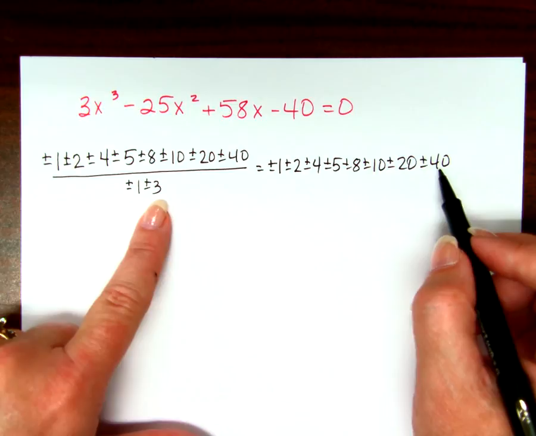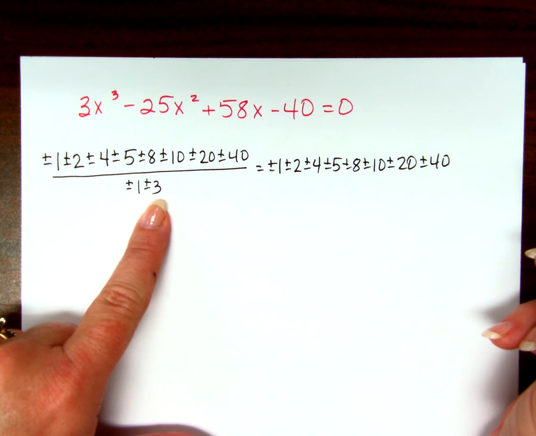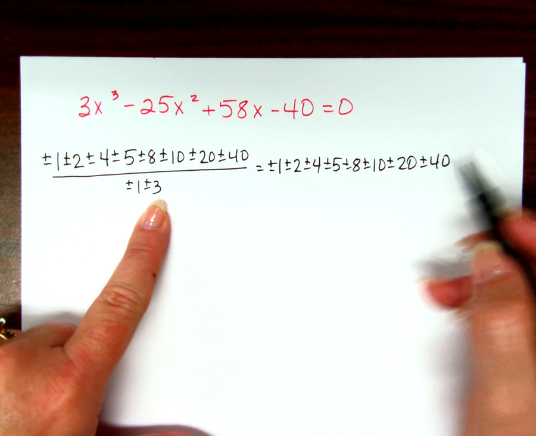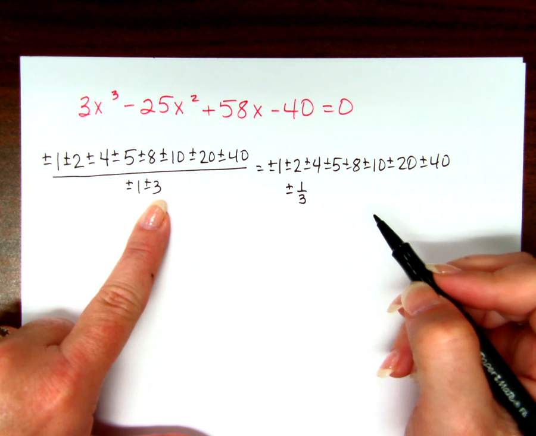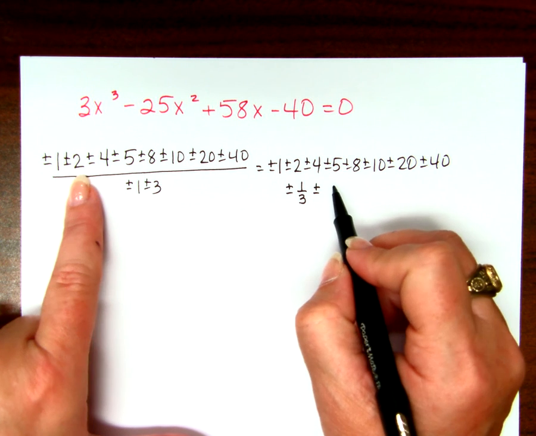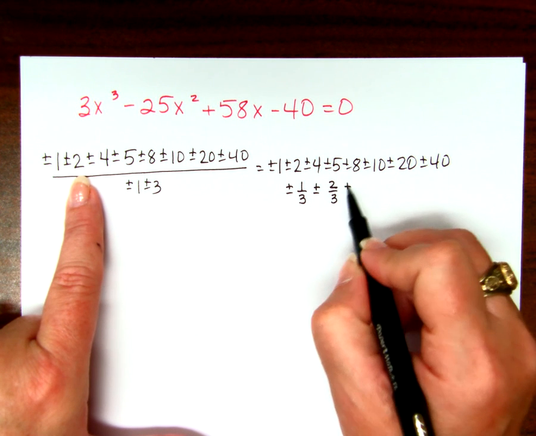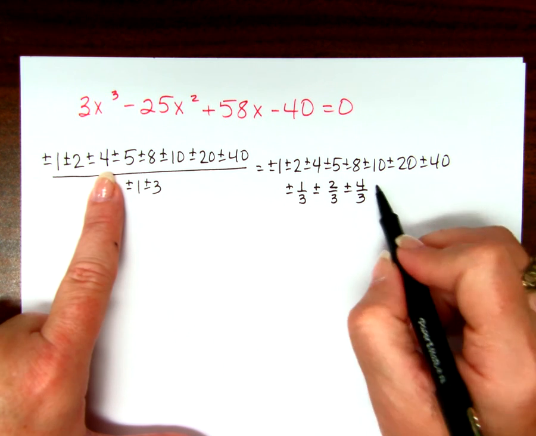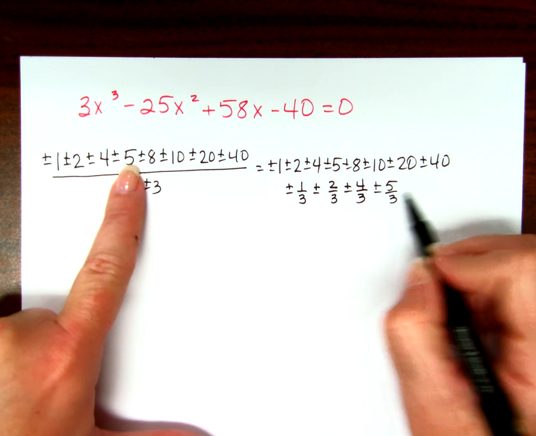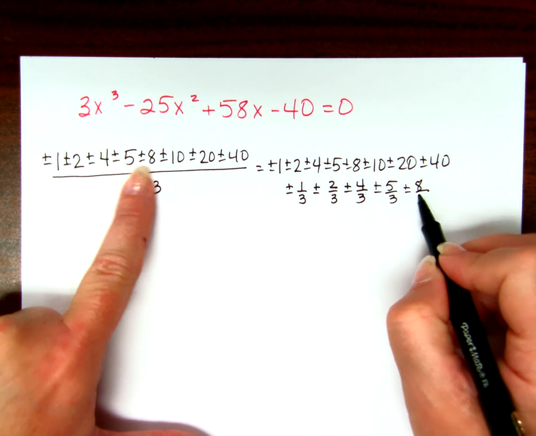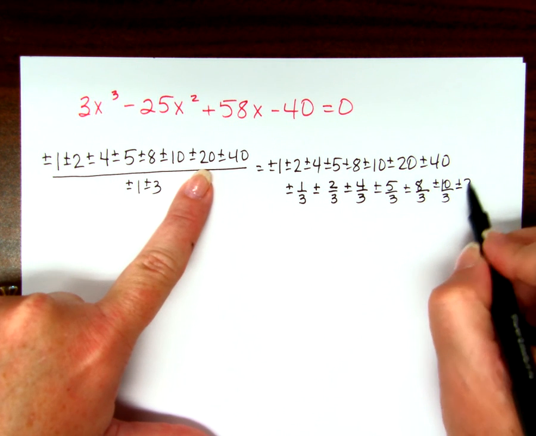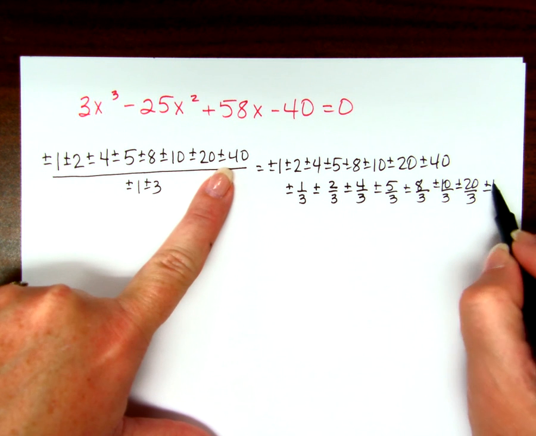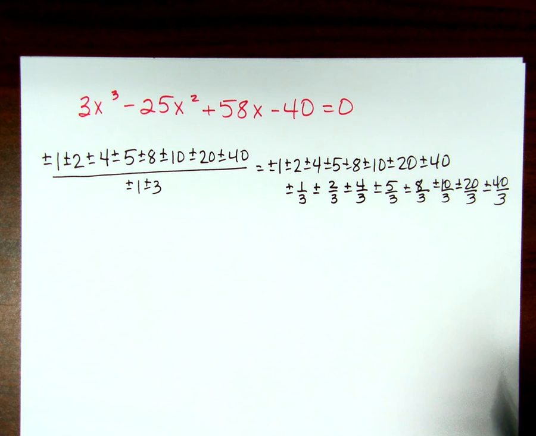But guys, we also have to divide everything in the numerator by 3, right? So also we have 1/3, 2/3, 4/3, 5/3, 8/3, 10/3, 20/3, and 40/3.